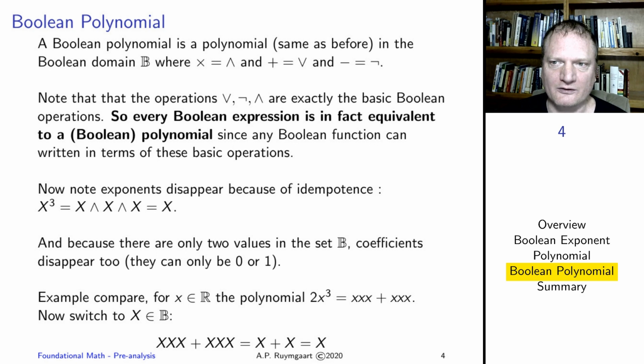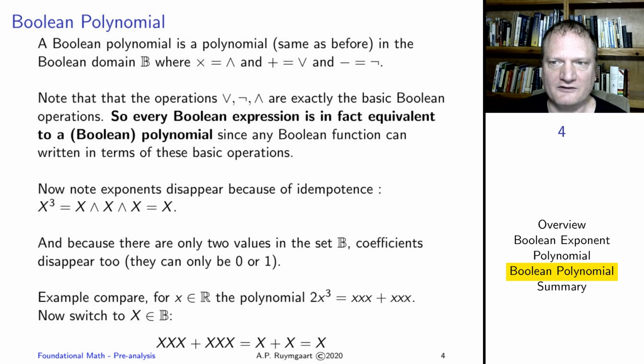The other thing is that because there are only two numbers in the Boolean domain, 0 and 1, coefficients effectively vanish as well, because a coefficient can only be 0 or 1. If it's 0, the whole term disappears, and if it's 1, the coefficient isn't needed, because 1 times our Boolean term just equals our term again.